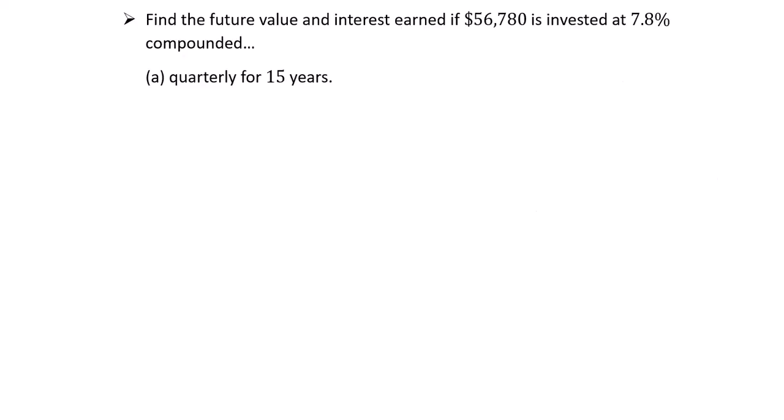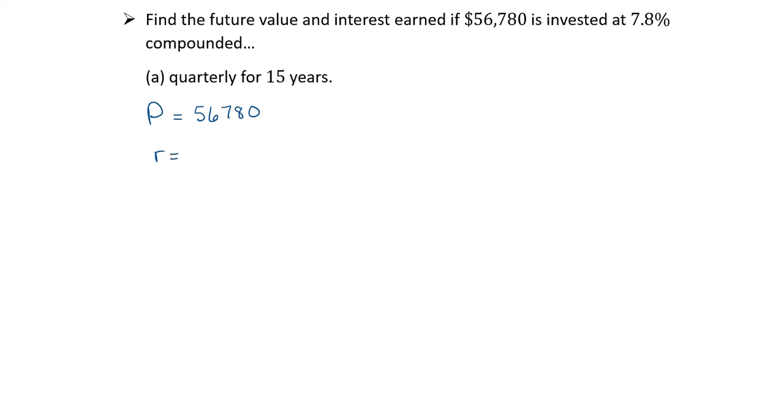Let's find the future value and interest earned if $56,780 is invested at 7.8% compounded quarterly for 15 years. So my principal is the amount invested at the beginning.